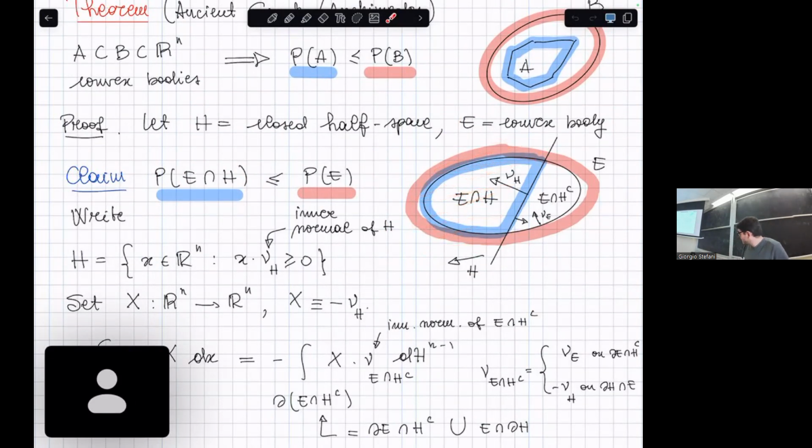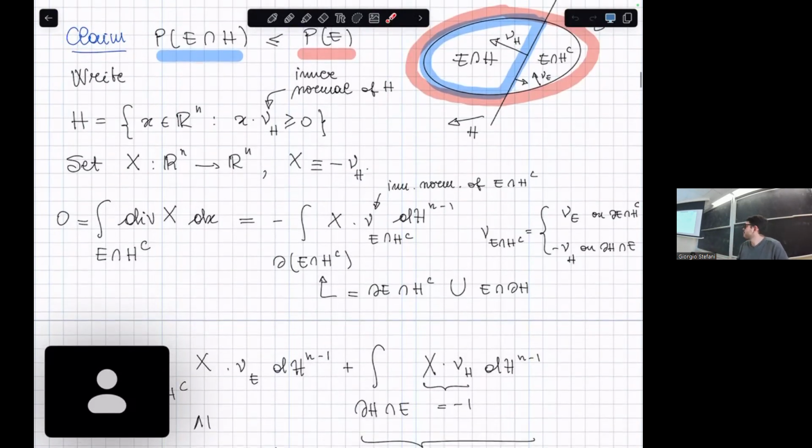Now, how to prove that? Let's try to prove this basic case. H is a half space, so after translation I can move everything to be centered in the origin. I have a direction, which is the inner unit normal to the boundary, this unit vector here, pointing to the inside of the half space.